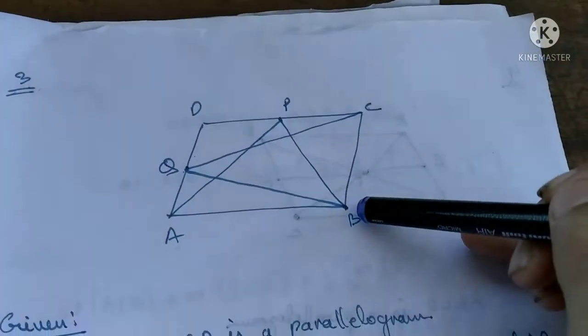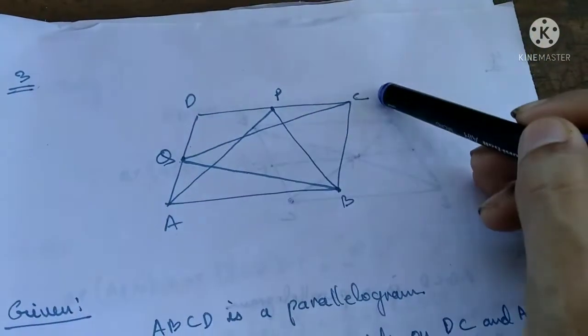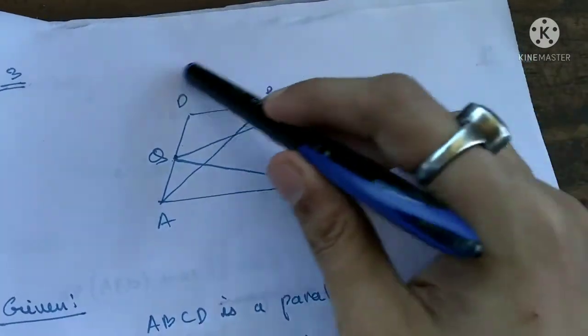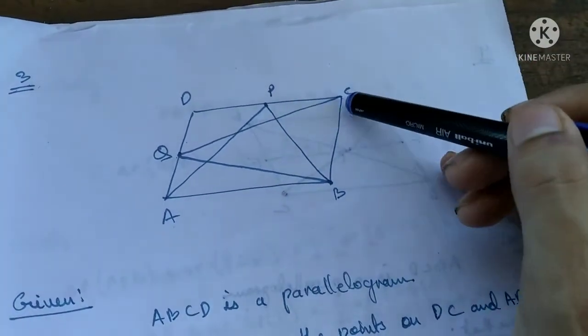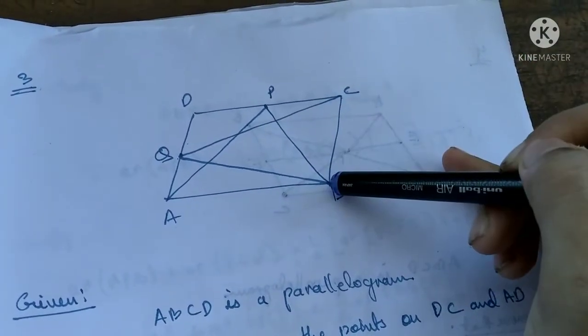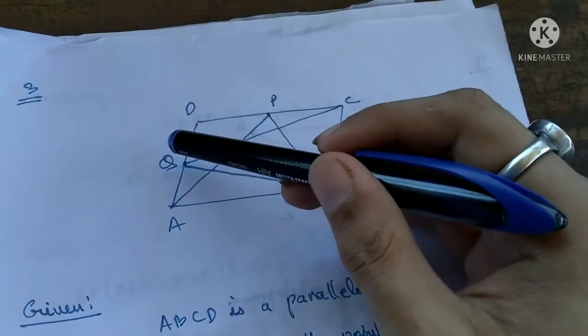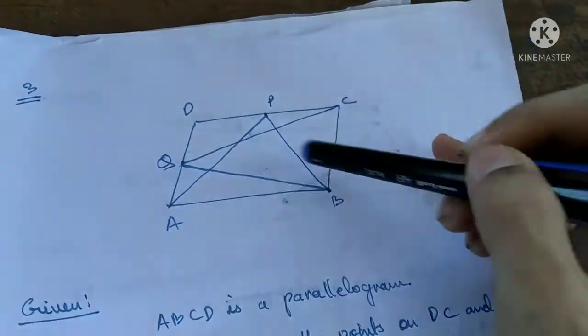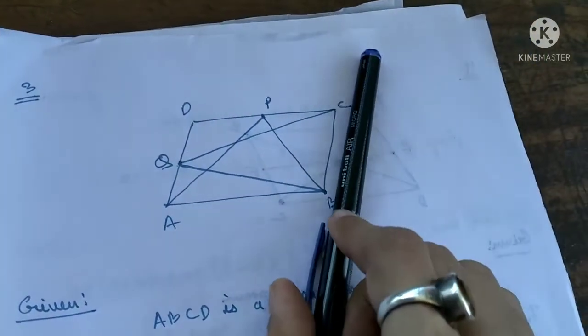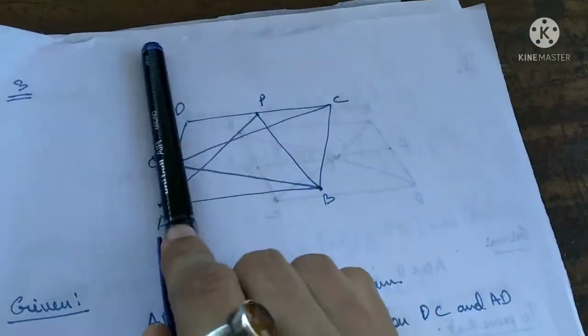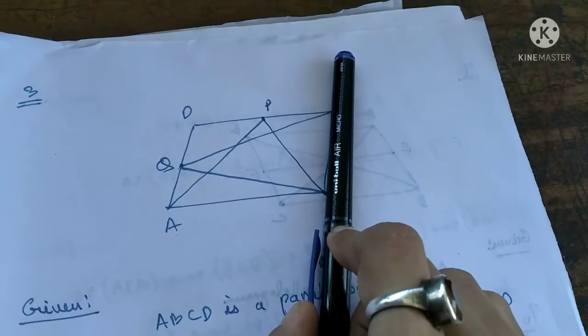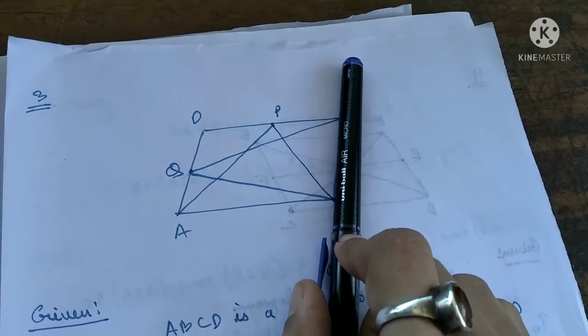Next again you see this triangle BQC. This triangle BQC and this parallelogram ABCD, they are on the same base and they both lie between the same parallels. Understand?